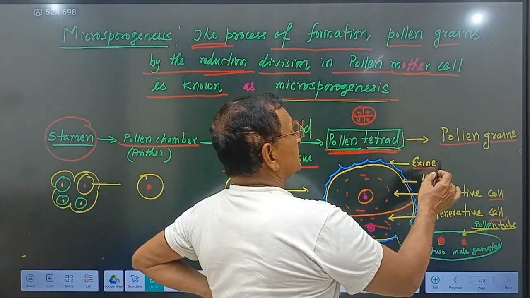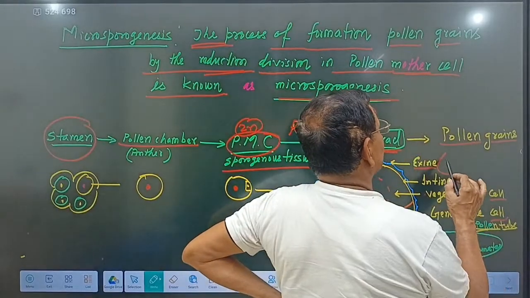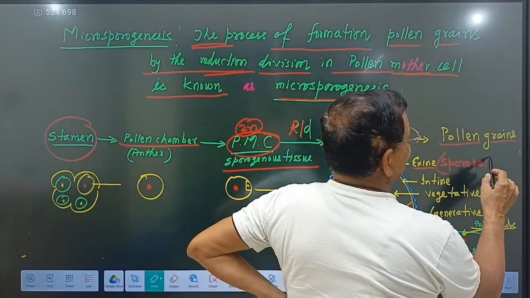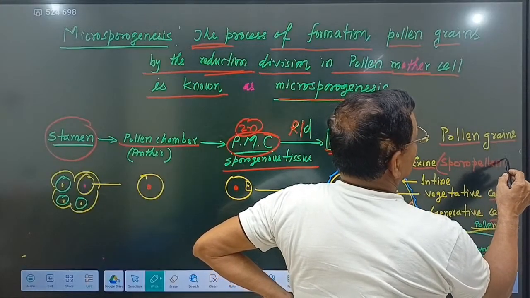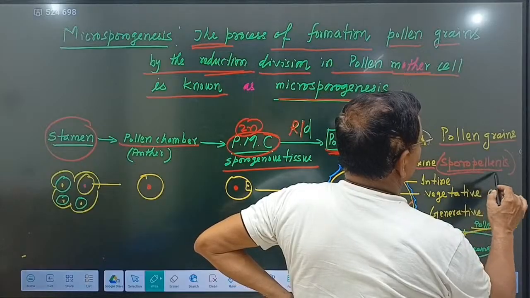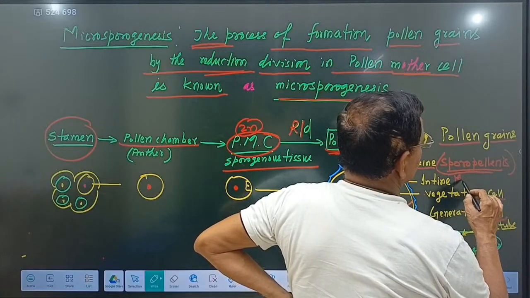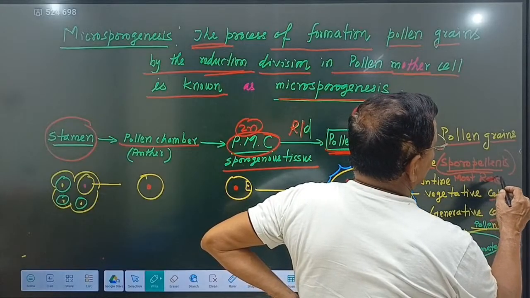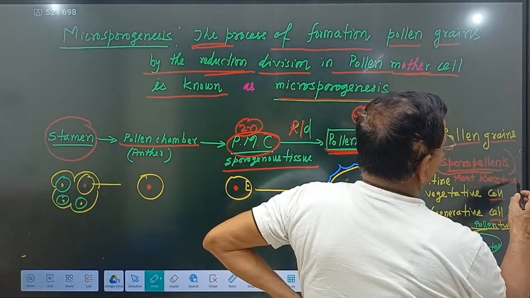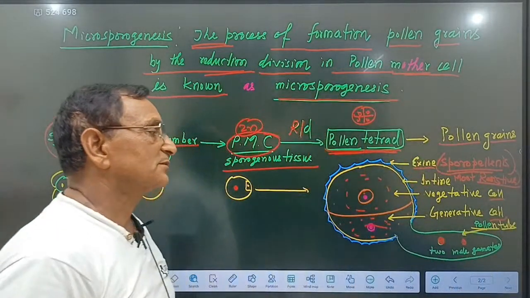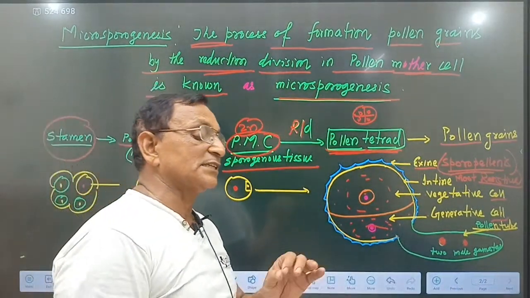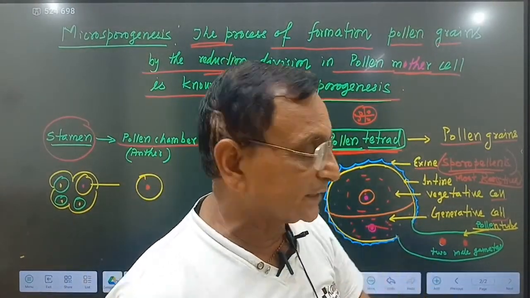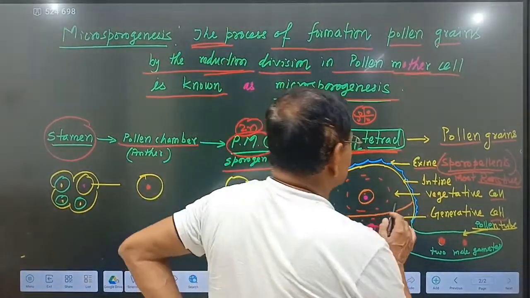The exine is a very resistive layer made up of sporopollenin, the most resistive substance in the biological world. This is a NEET question, remember it. Resistant to what? Acid, heat, base, dryness; it resists all of them and protects the pollen.